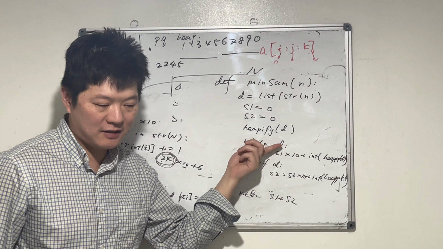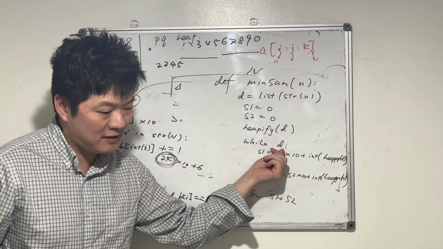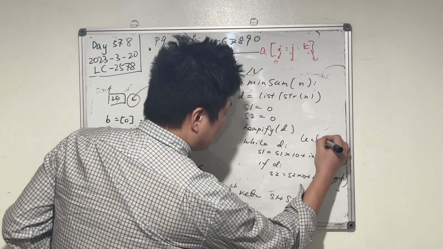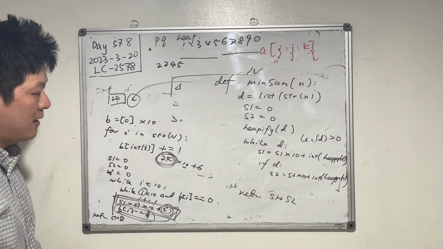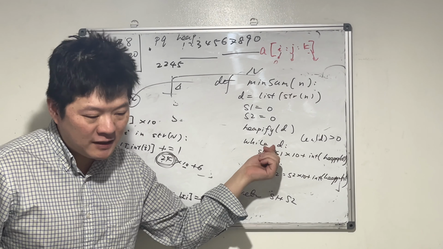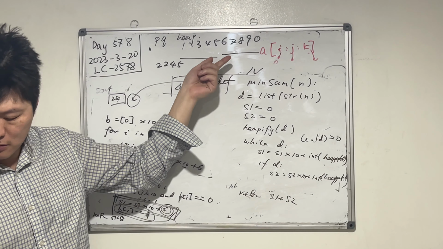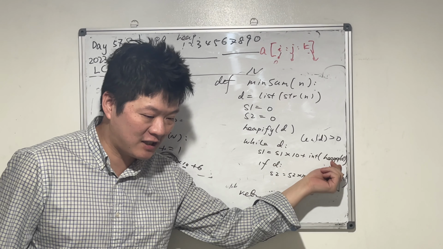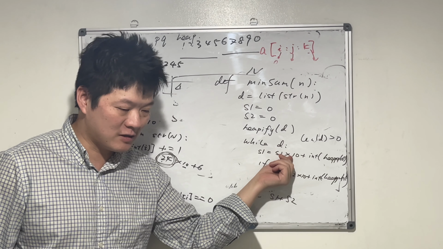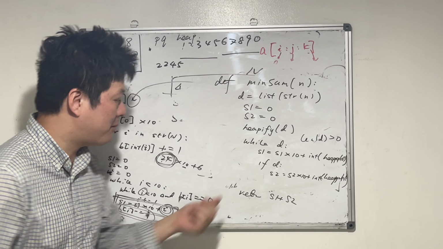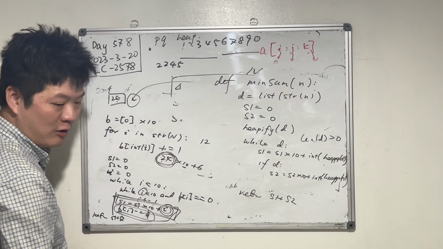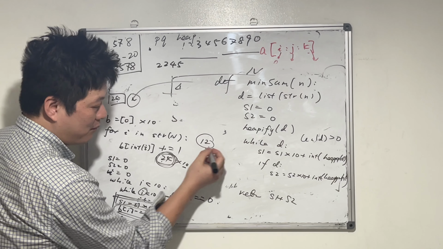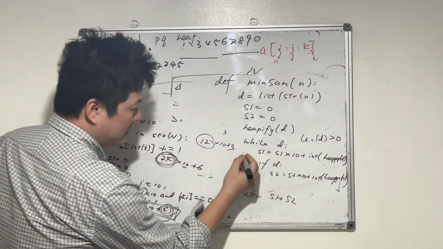While d is the same thing as while there are elements in the array d, or while length of d is bigger than 0. It's the same thing. So we still have digits here. What do we do? We can take the next smallest digit. S1 equals S1 times 10. Remember that if this number S1 is 1, 2, and the next digit is 3, then S1 times 10 plus 3, okay?